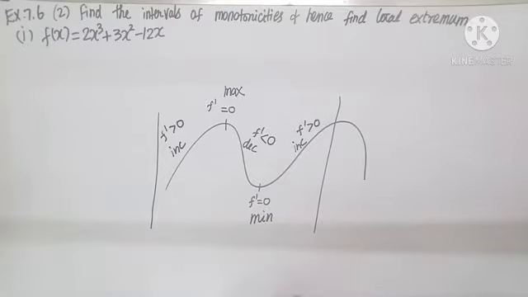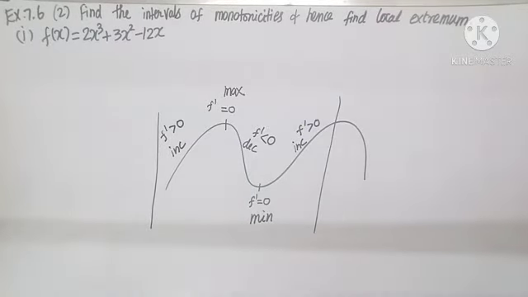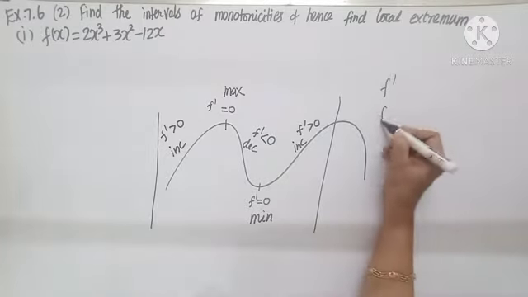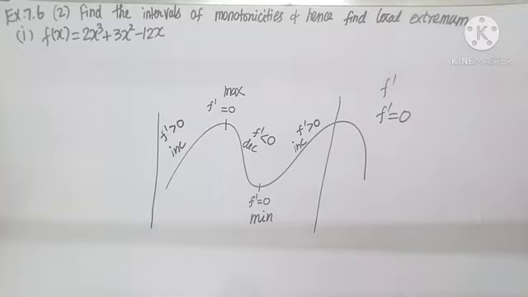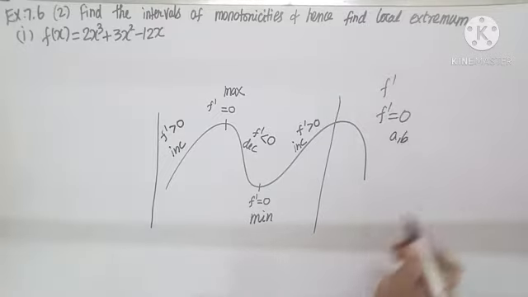So in this exercise, question number 2, we are going to do problems based on intervals of monotonicity and local extremum. What is the procedure? Number 1, find the derivative. Put the derivative equal to 0. You will get some 2, 3 values, A, B like that.